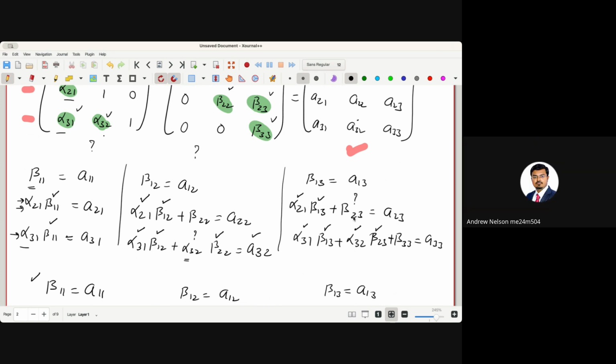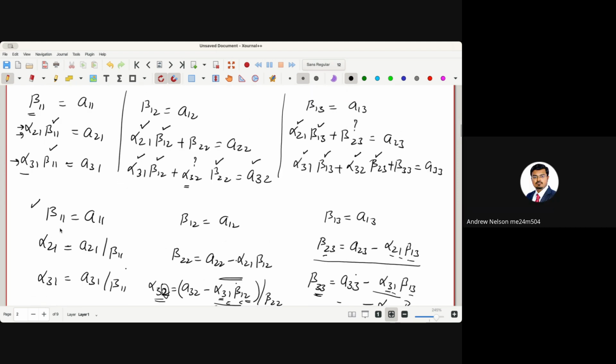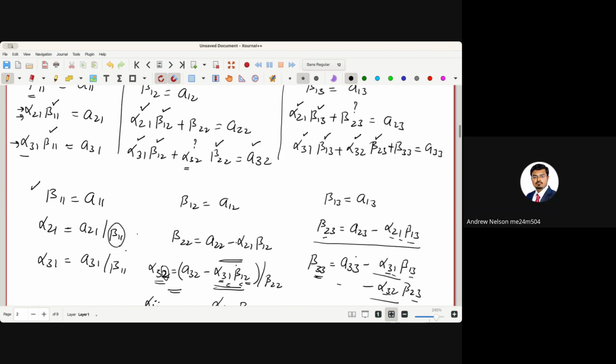So when you write alpha 21, can you scroll a little bit down? Yes. So for alpha 21, instead of writing A21, replace, yeah, exactly, so that we get rid of beta 11. With this, maybe it might be easier to come up with an expression.